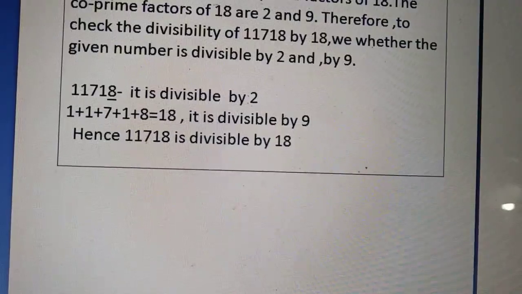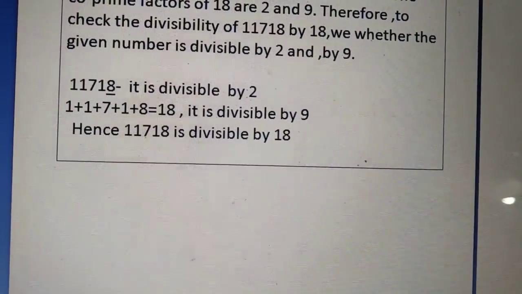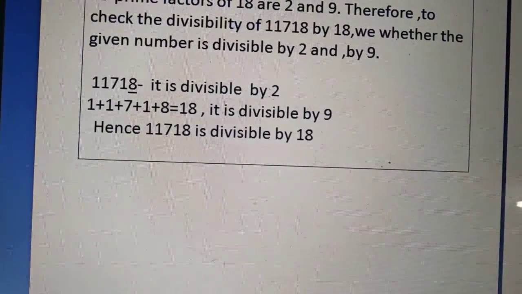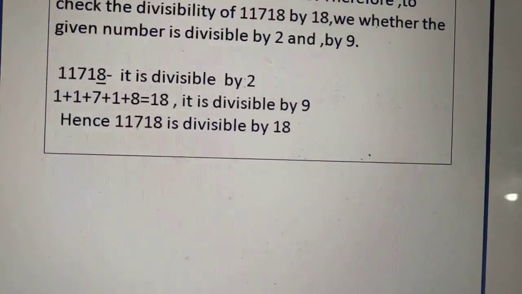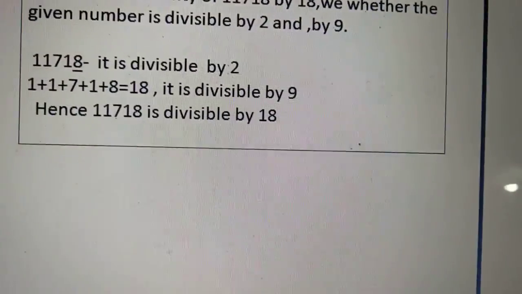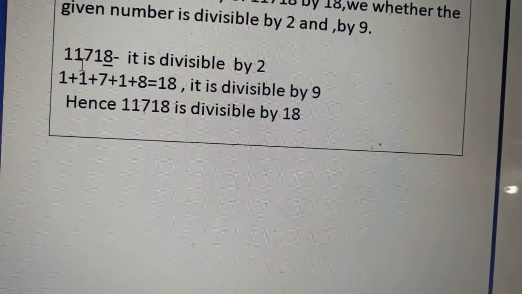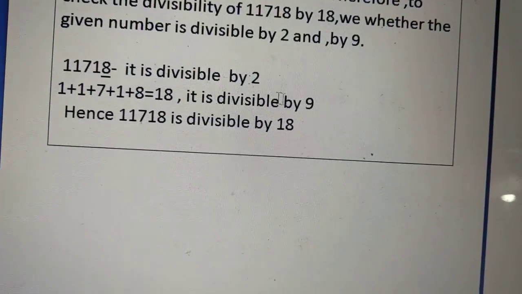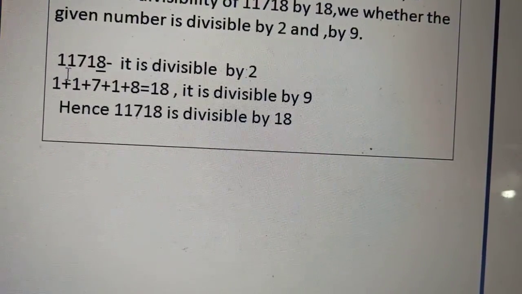So first we are going to check this number. What was the divisibility rule of 2? If the ones digit of a number is 0, 2, 4, 6 or 8. So we check its unit place. The unit place is 8, so it is divisible by 2 obviously. Now we are checking for 9.